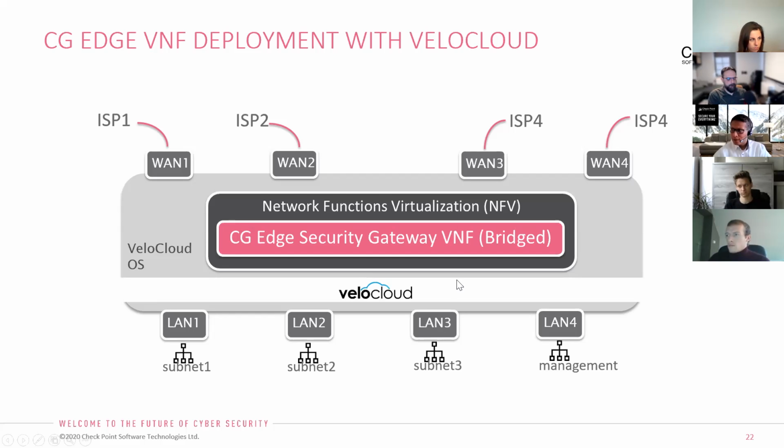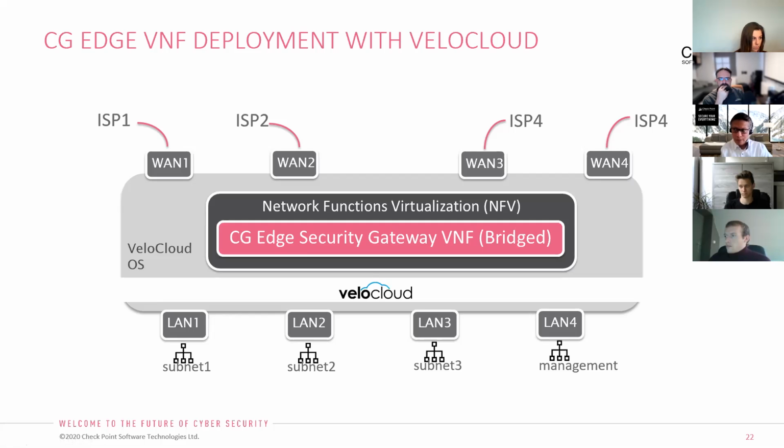So it's a complete bridged virtual network function that will just connect different ports or the different subnets or different VLANs that you have towards the different connections that we have. So you can have the connection to the branch office, the connections to the data center, or the connections to the cloud, which will be just securely managed as well by this security gateway that will come next or on top of your VeloCloud orchestration.